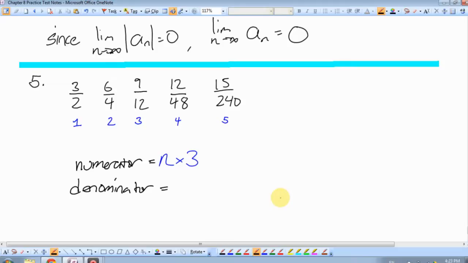Factorial. Yeah. They're just the explanation. We understand what it is, but we don't know how to put it in terms. 2n factorial. Good job.